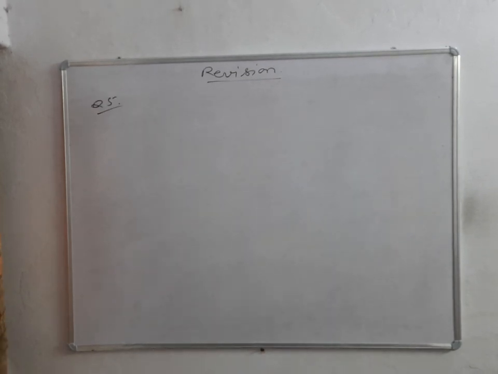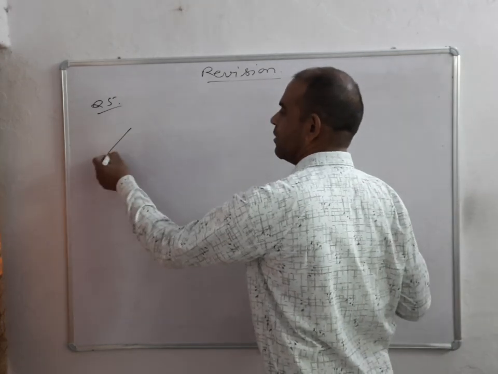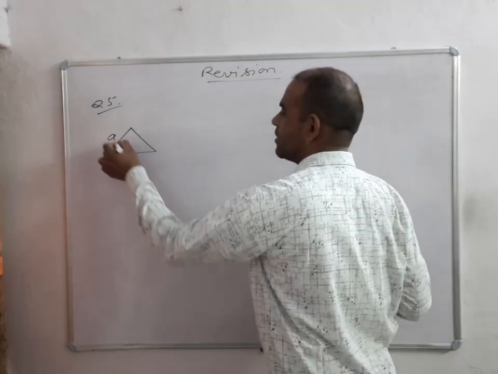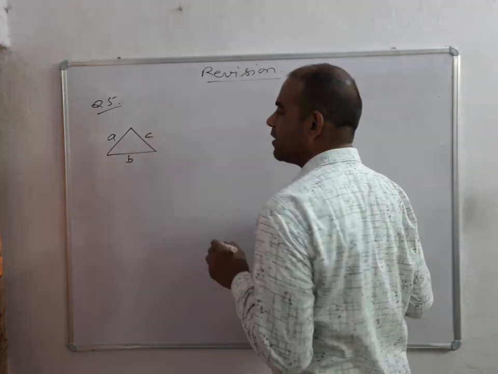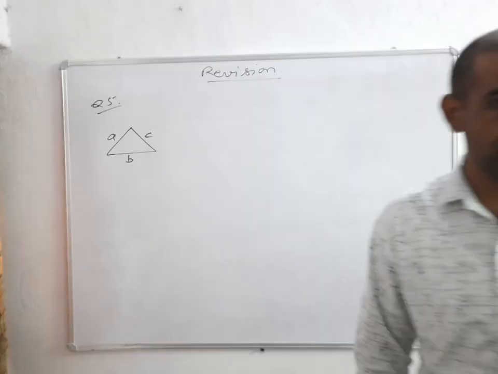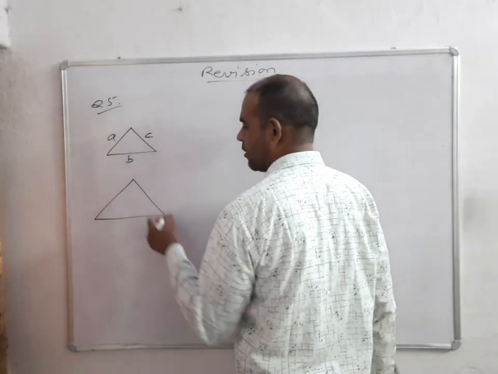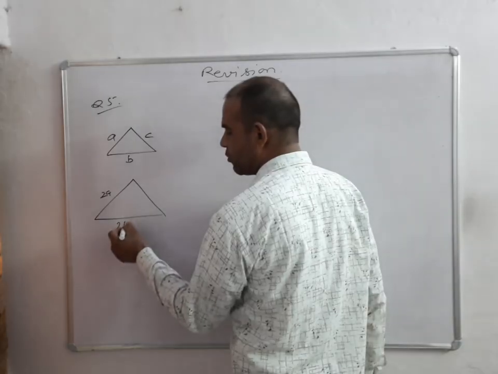Next question is, if each side of a triangle is doubled, then find the percentage increase in the area of the triangle. So given a triangle ABC, if each side of a triangle is doubled, then sides are 2A, 2B and 2C.